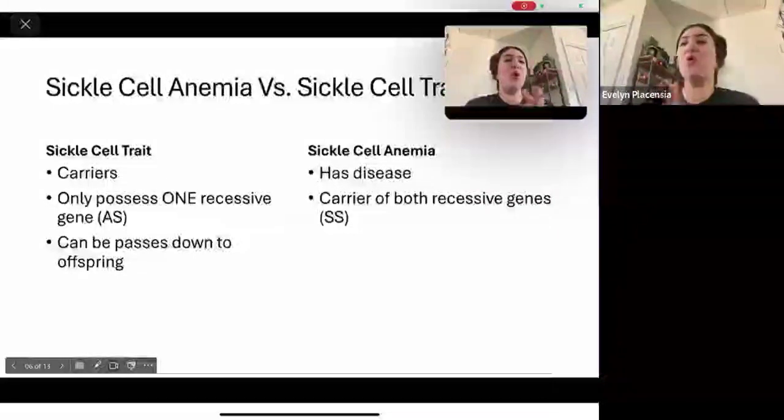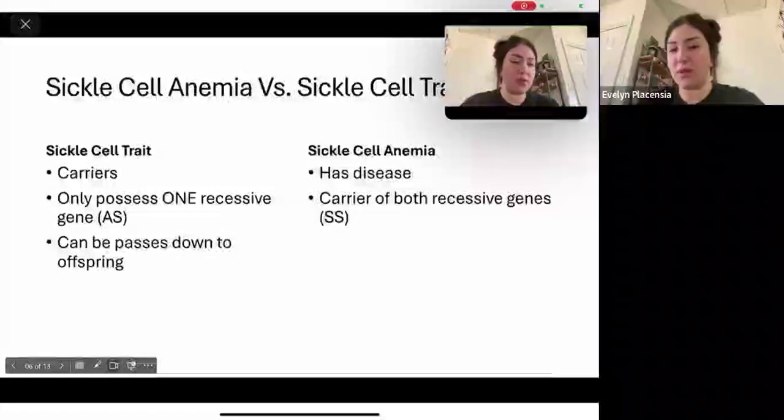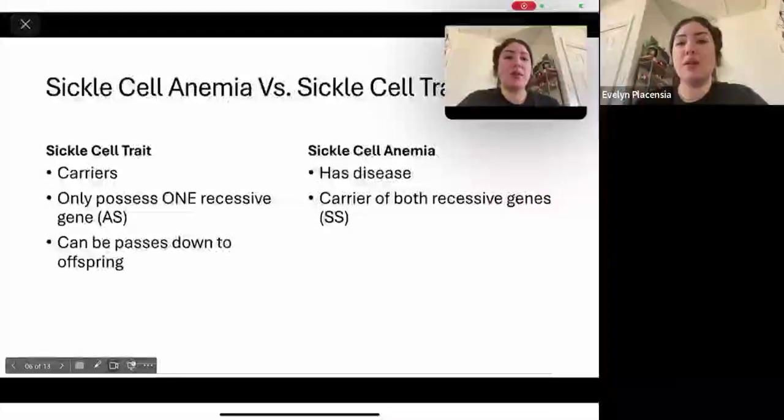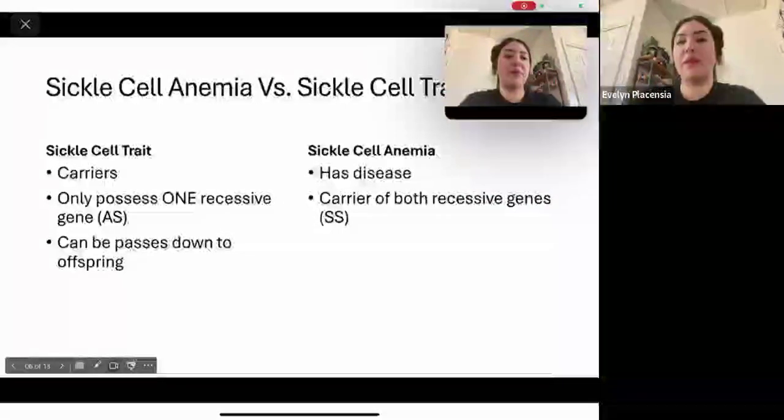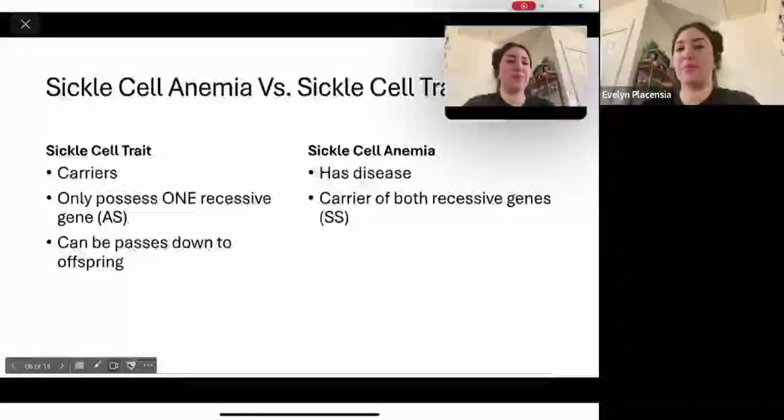People who only possess the trait are carriers, and they can enjoy their life without having medical problems in regard to sickle cell. The sickle cell trait will never progress into the disease.